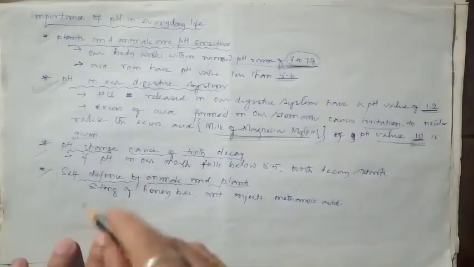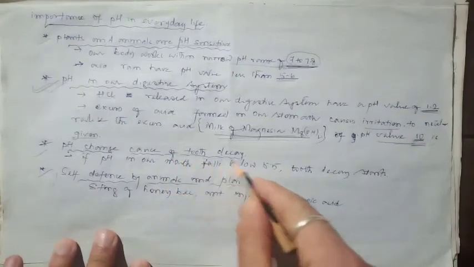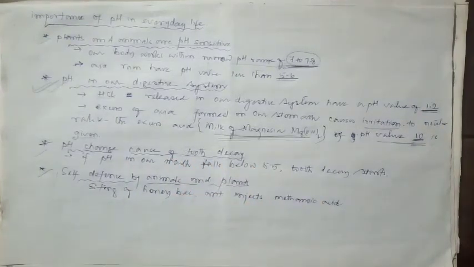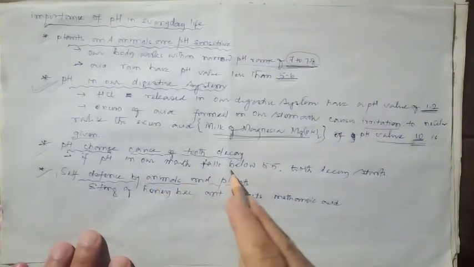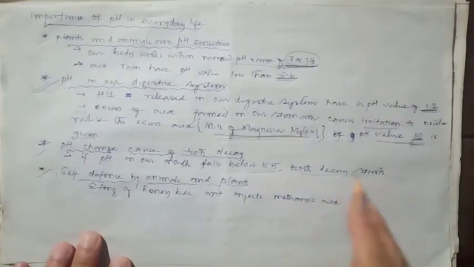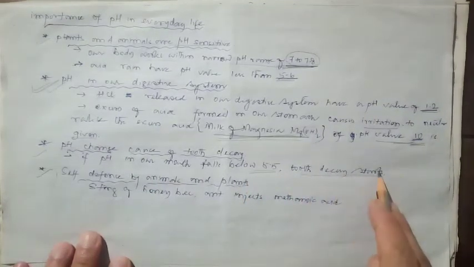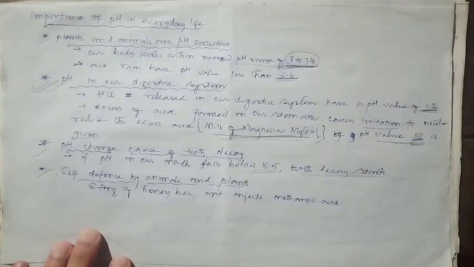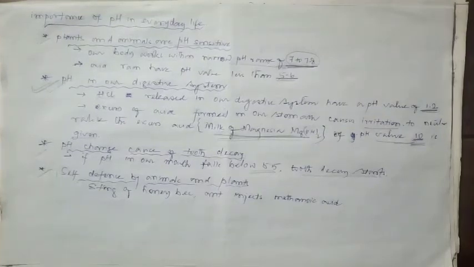Next, students, pH change is also a cause of tooth decay. If the pH in our mouth falls below 5.5, tooth decay begins. Now students, many times when we consume food containing sugar, after the consumption, the bacteria present in our mouth decompose the sugar into acids.